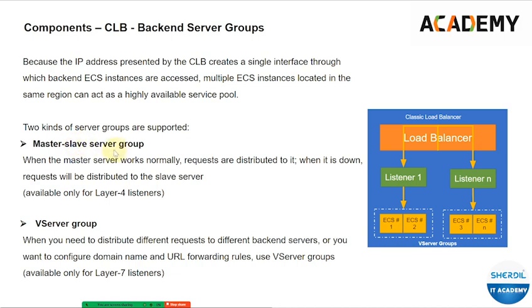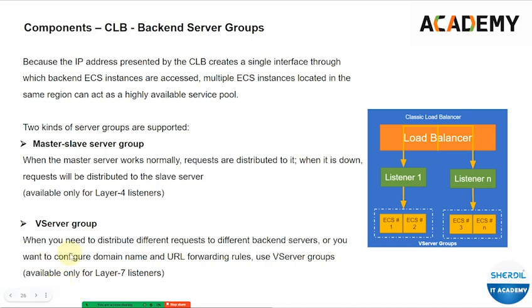The master slave server group is when the master server works normally and requests are distributed to it; when it's down, requests go to the slave. The vServer group, which is the most recommended group, is used when you need to distribute different requests to different backend servers, or you want to configure domain name or URL forwarding rules.